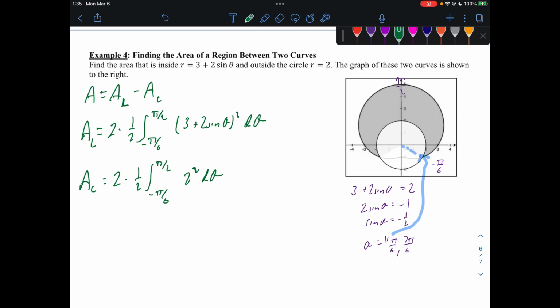Obviously both of these could be done pretty easily with or without a calculator. We could do them using the double angle formulas that we learned in pre-calc. But for now, I'm just going to type these in my calculator.